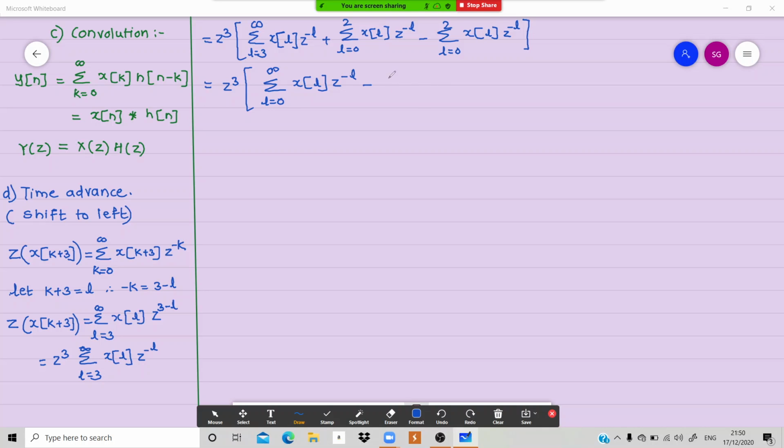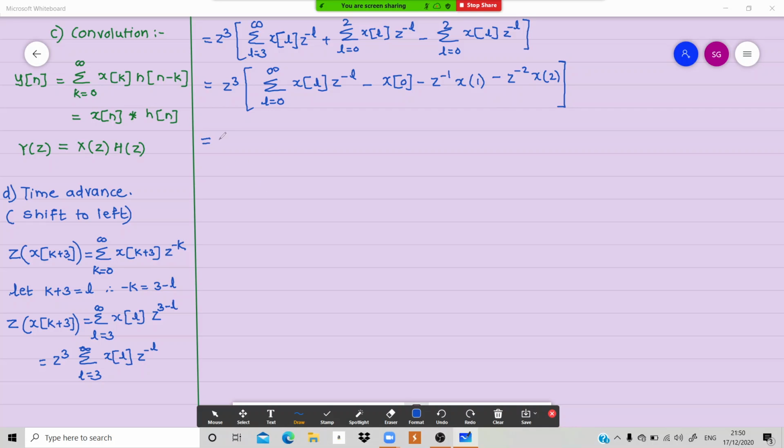So you are going to have x0 minus, now when you have L equal to 1, z raised to minus 1 x of 1. Correct? Now the next term, that is L equal to 2 till this, so it will be z raised to minus 2 and this will be x2.